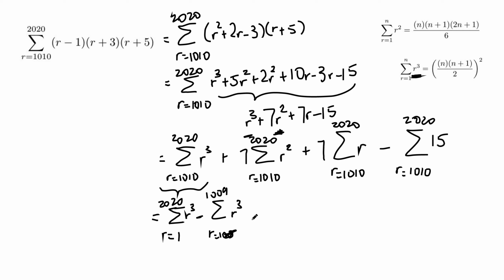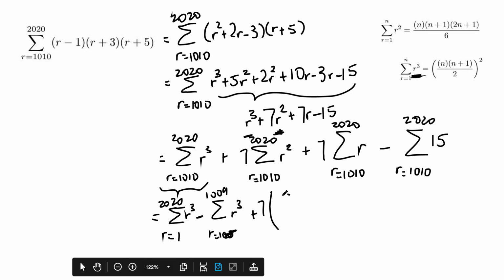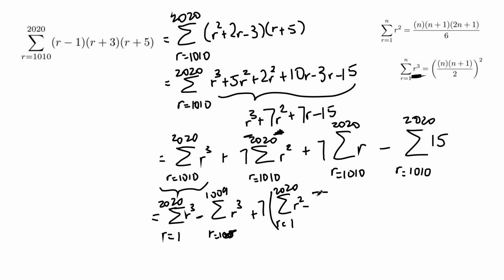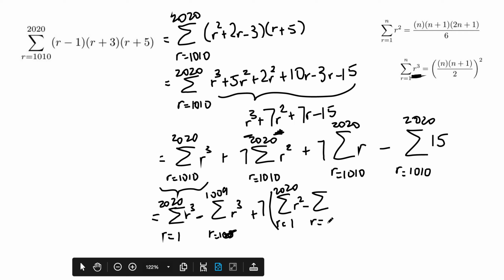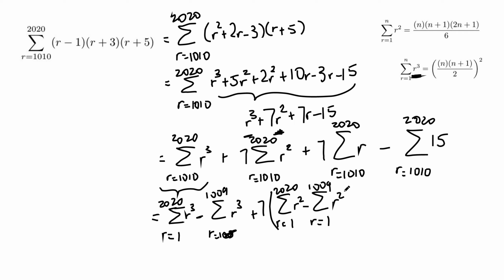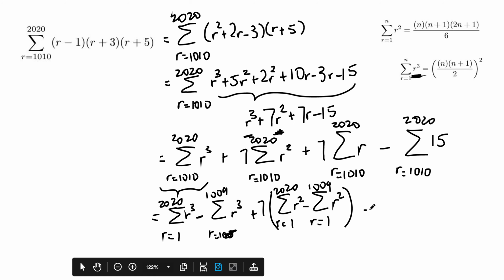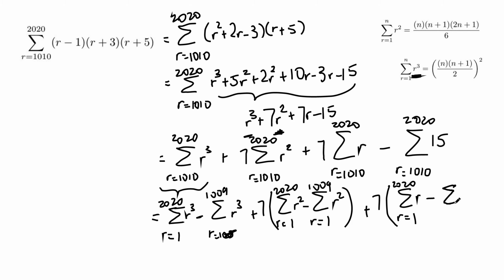And we do the same thing for this, so it becomes 7 times the summation from r equals 1 to 2020 of r squared, minus the summation from r equals 1 to 1009 of r squared, plus 7 times. You have to be very patient when working through these questions because they can be very tedious.